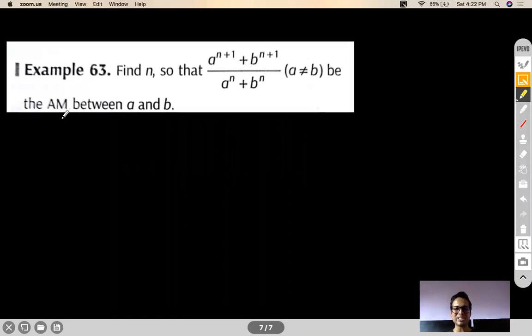And let's solve this. Find n such that a to the power n plus 1, b to the power n plus 1 by a to the power n plus b to the power n be the arithmetic mean of a and b. Now, some of you would have started guessing the values also. I would request you to do it in a proper way. Proper way means the actual way you would do it in your school exams. Correct, Advik? Absolutely.